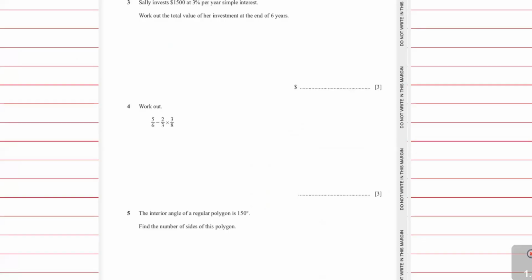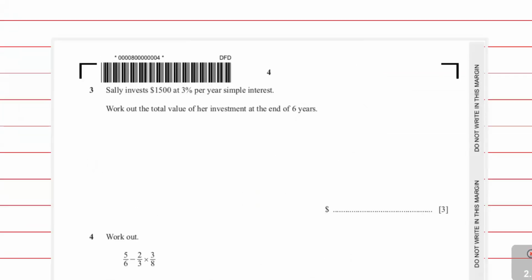Question number 3. Sally invests $1,500 at 3% per year simple interest. Work out the total value of her investment at the end of 6 years. We have to calculate the total investment after 6 years, and it will be equal to the principal amount plus the interest.